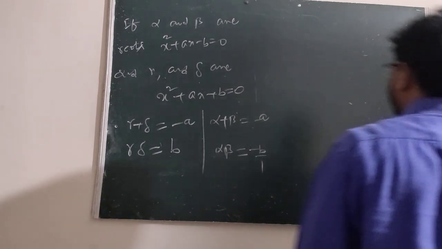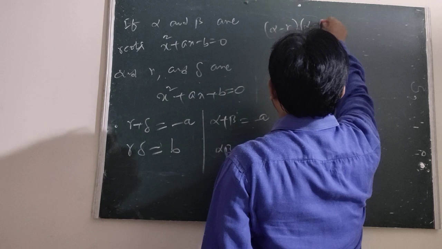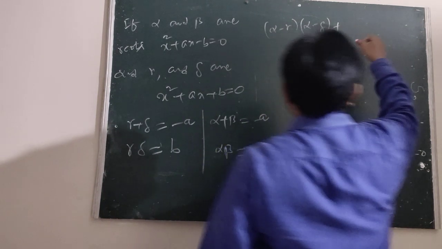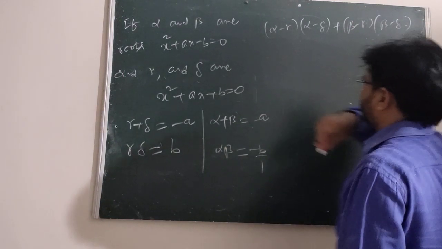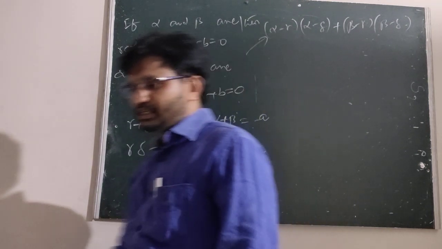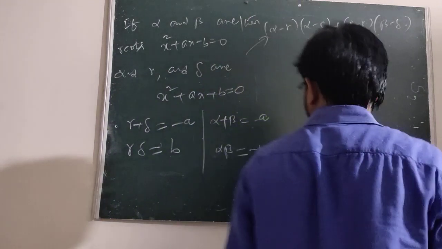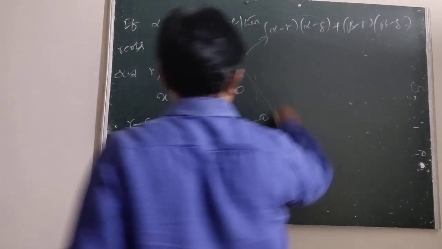Now find the value of alpha minus gamma into alpha minus delta, and another one, beta minus gamma into beta minus delta. The first equation has the roots alpha and beta, and the second equation has the roots gamma and delta. So what are you thinking here?